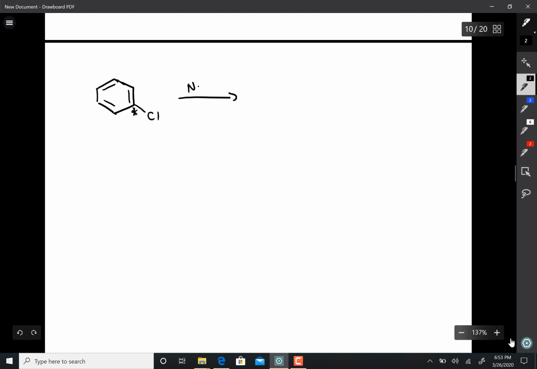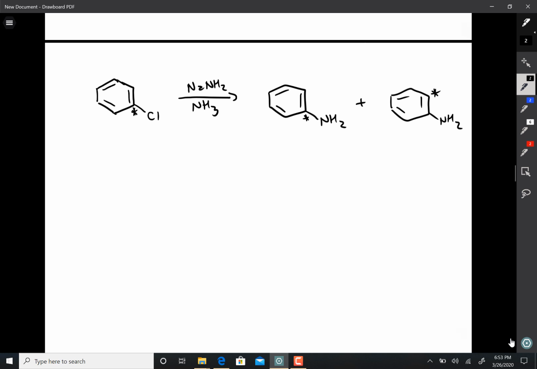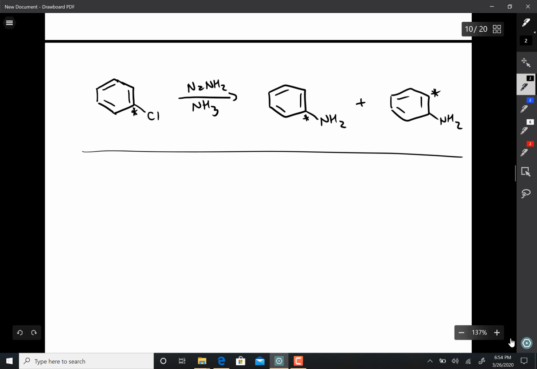And then when they applied sodium amide and ammonia to this, the product they got was the aniline product where the carbon-13 was here and here. So this was just really an achievement in figuring out the mechanism of this reaction.